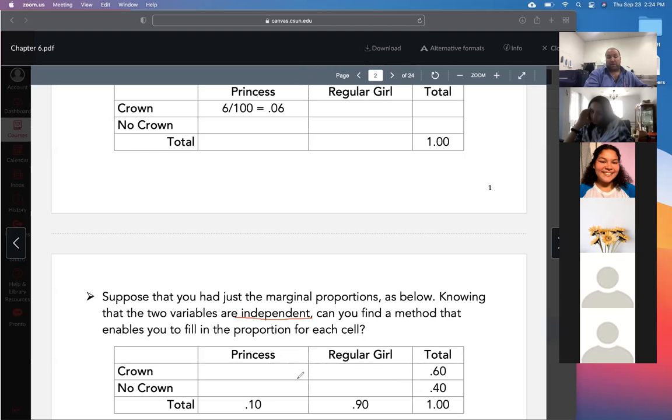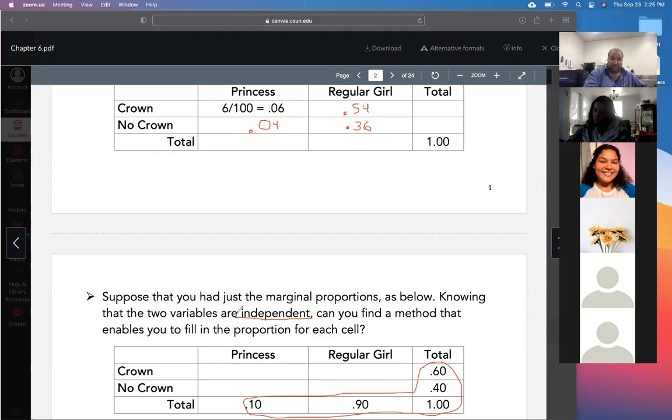Can I come up with a method that would allow me to fill in each of the four squares? Let's remind ourselves what they were: 0.54, 0.04, 0.36.